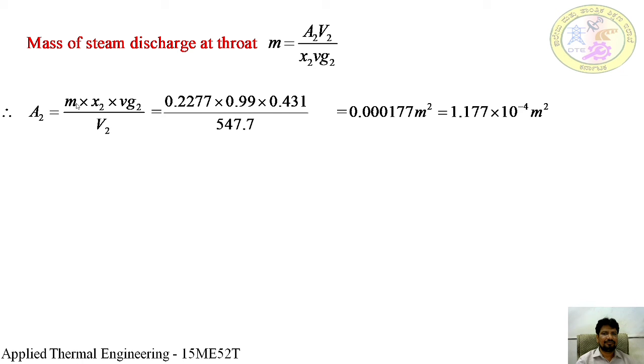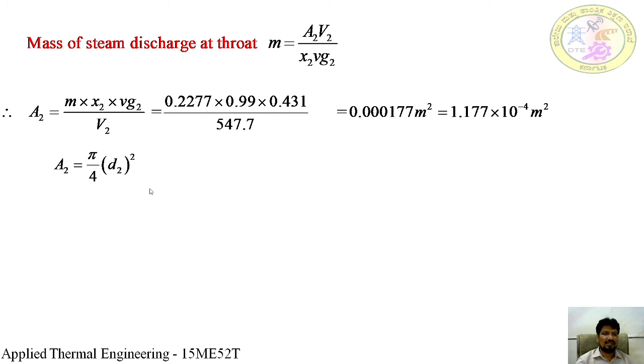Therefore A2 is equal to M into X2 Vg2 divided by V2, which is 0.2277 into X2 is 0.99 and Vg2 from the steam table is 0.431, divided by the velocity at the throat, which we calculated as 547.7. After calculation of this, you will get 1.177 into 10 to the power of minus 4 meter square. This is the value of area at the throat.